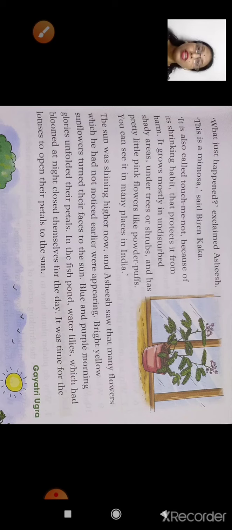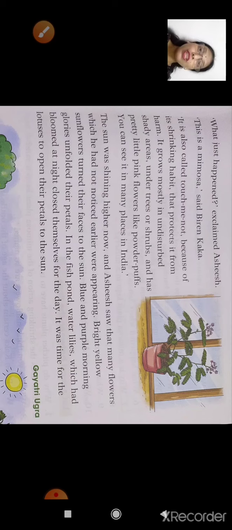Why? Sunflowers behave this way. Whichever way the sun goes, they will turn their faces towards that side. That's why they are called sunflowers. They will go according to the sun. So now the other flowers started blooming because of the sunlight, and the sunflowers were also there.